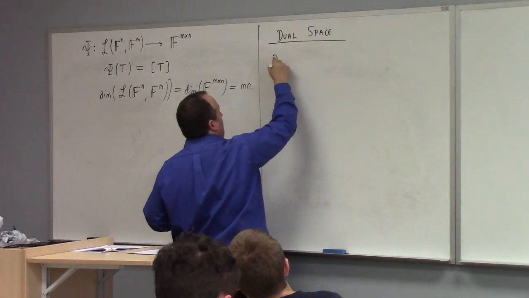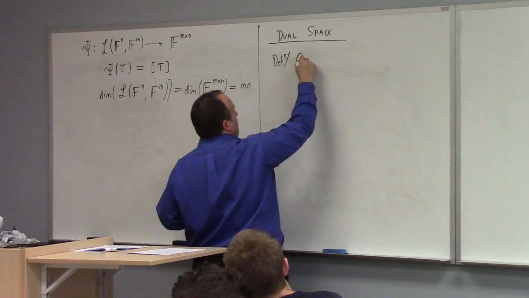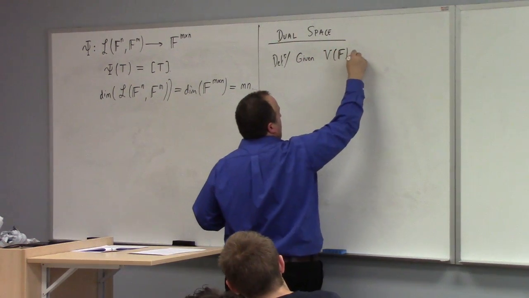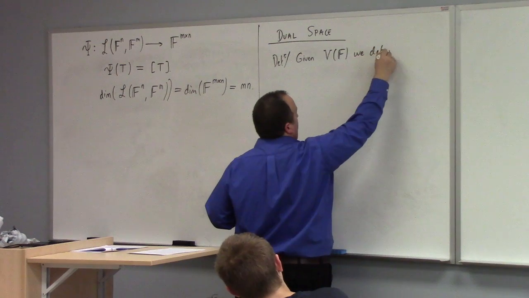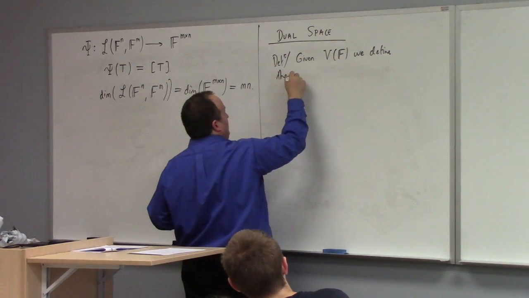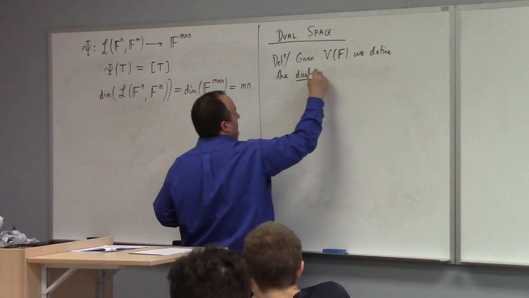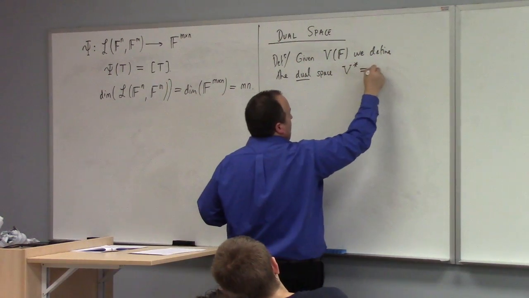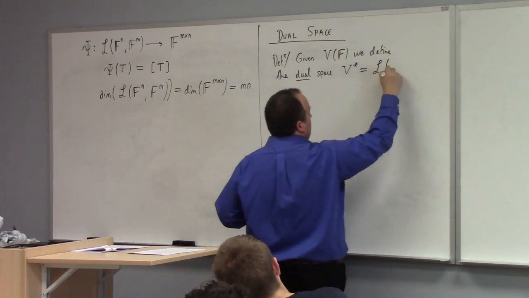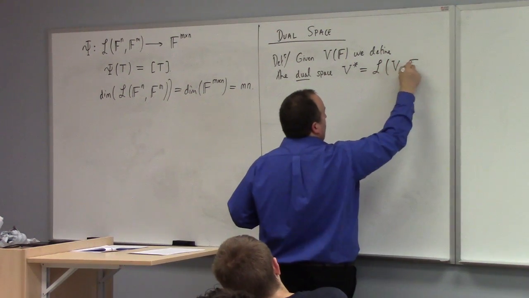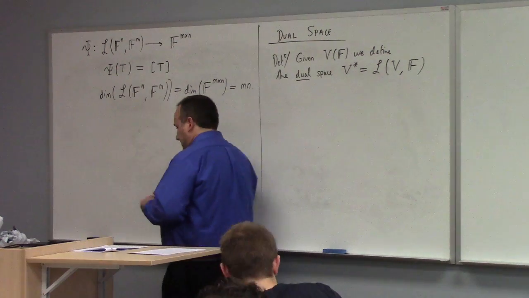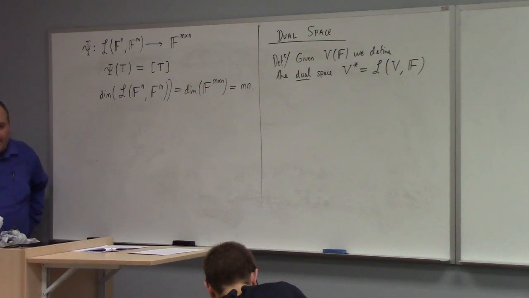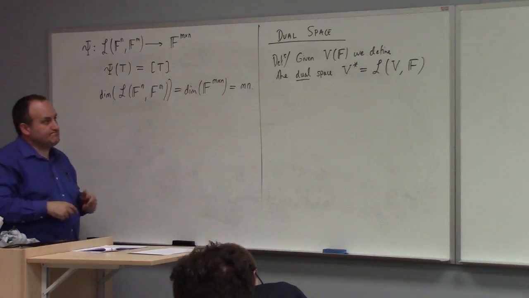So definition: given a vector space V over a field F, we define the dual space, V dual, equal to simply the linear transformations from V to the field. All right, that's the dual space.